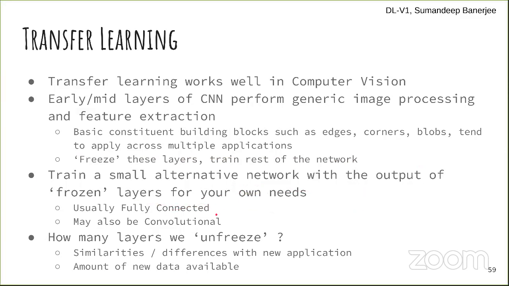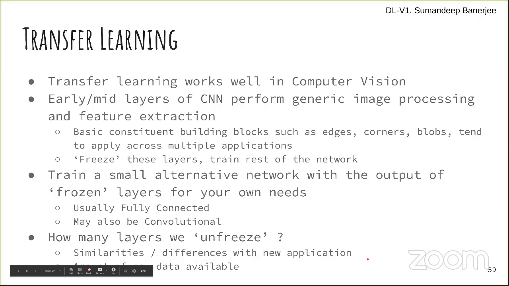And usually what is frozen is the convolutional part, while the fully connected layers are retrained. Sometimes we also retrain the last few convolutional layers, but it depends on how much data we have, and how similar or dissimilar our application area is.